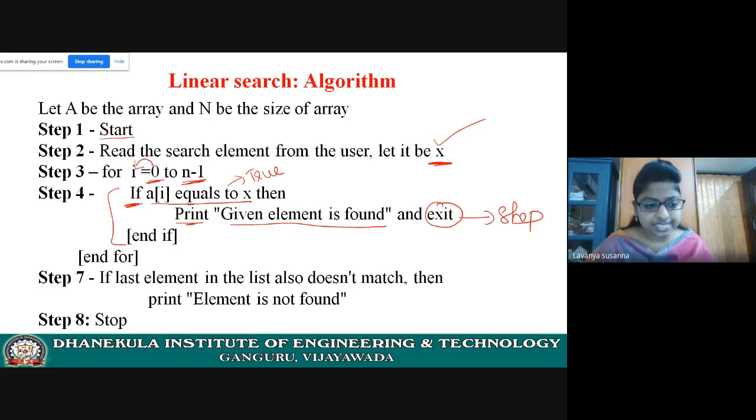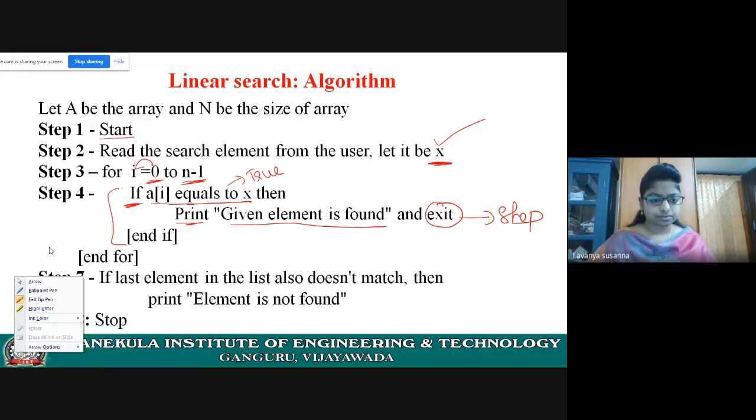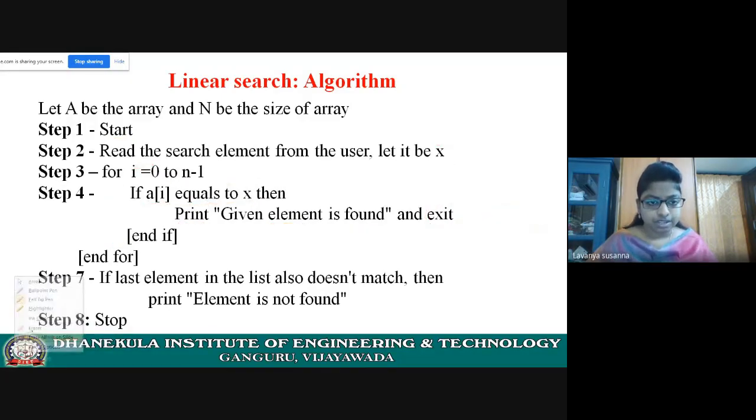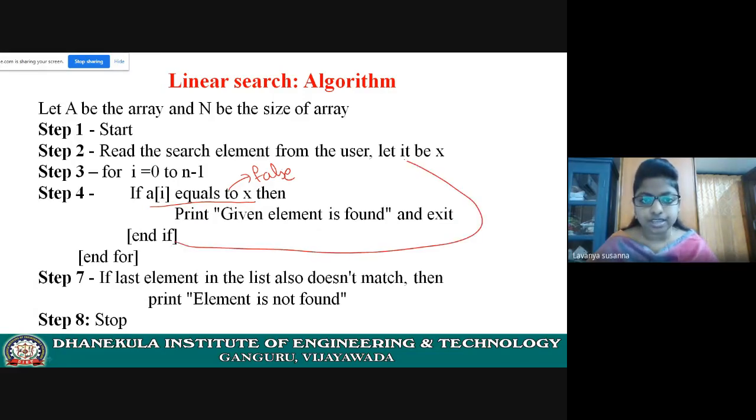If this condition is false, a of 0 is not equal to x, control goes to the for loop again. i will be incremented. See, i plus plus, i will be incremented. Plus plus means you need to add 1 to the previous value.